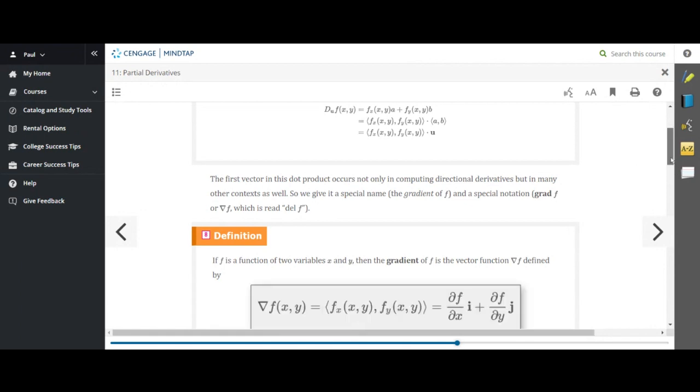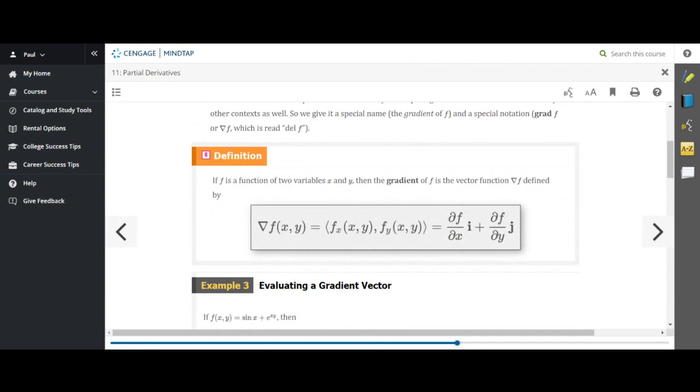The gradient vector is a vector of the partial derivatives with respect to x and y of your function. That's called the gradient. Are there any questions on this? All right, let's proceed on.